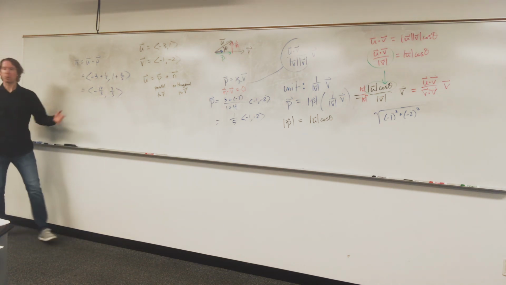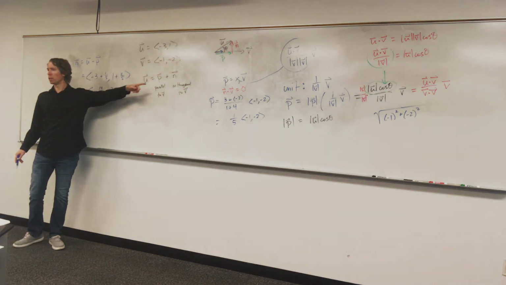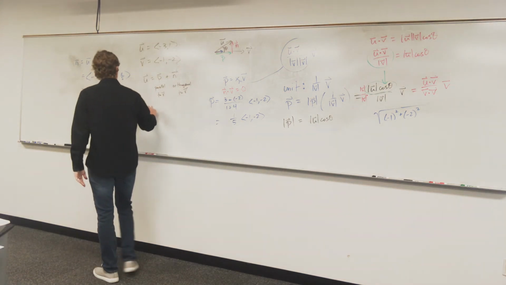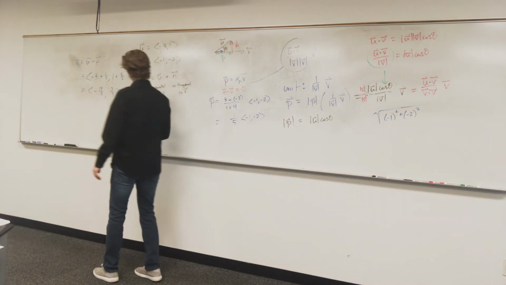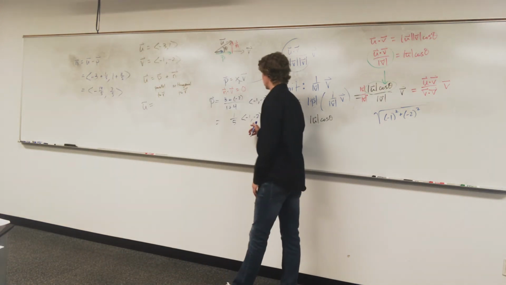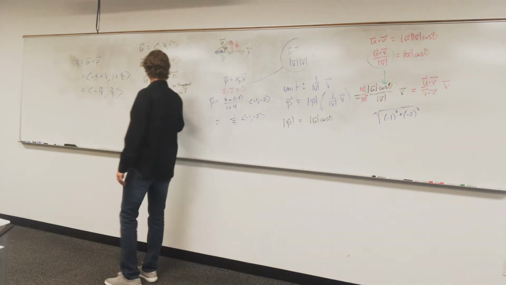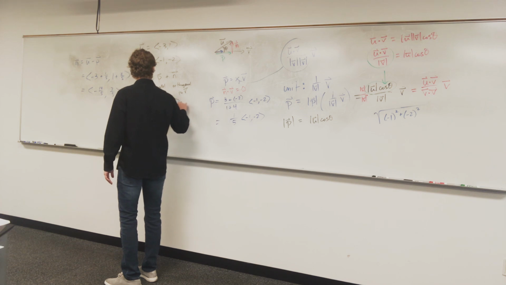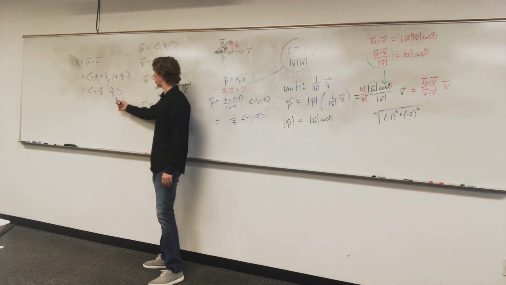So if we're asked to rewrite u as p plus n, where these properties are satisfied, then it looks like this. I'm going to go ahead and pull out 7/5 here.